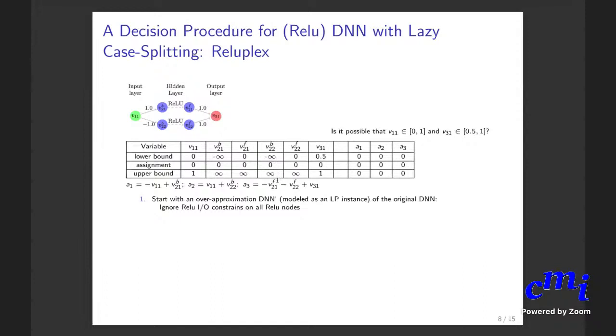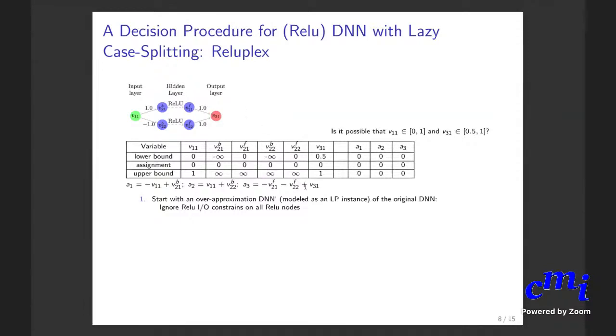So in that sense, I'm saying this is an over approximation of your original neural network. Is this clear, or how I got this table representing the original formula? Yes, sir. Okay.